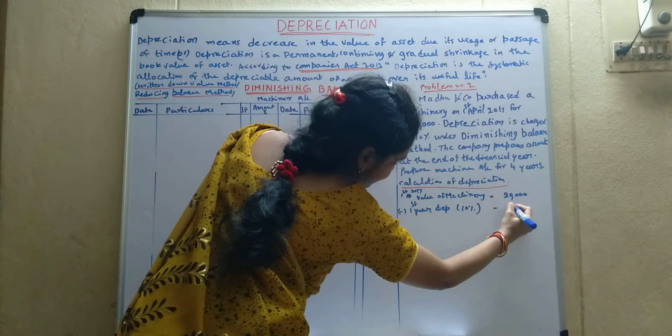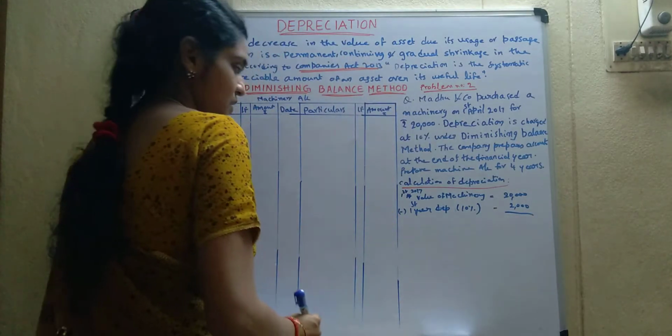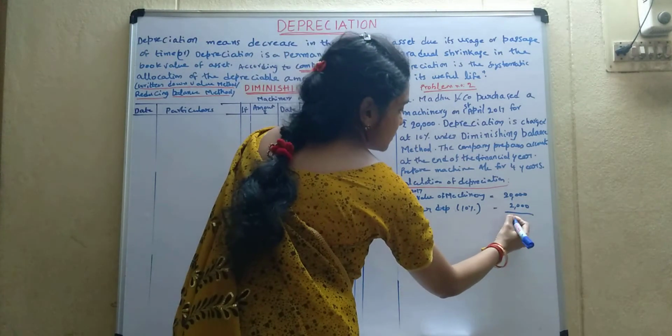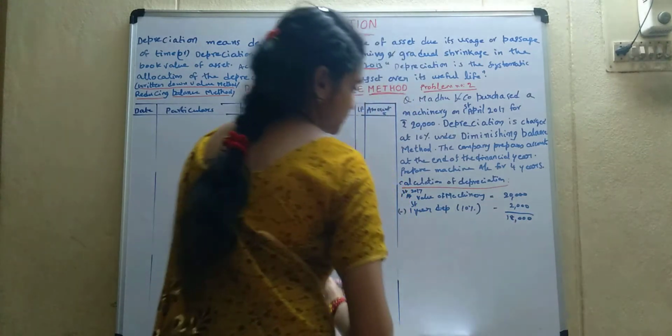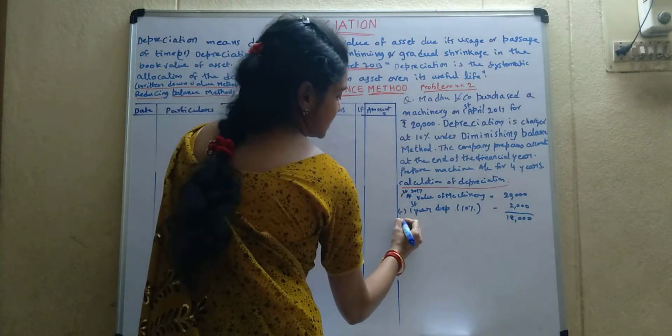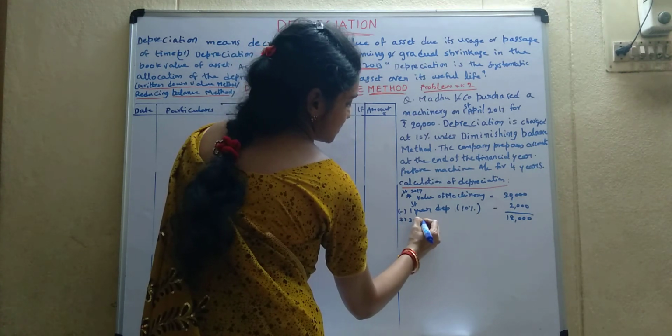What is 10% here? 2,000. It means depreciation. After depreciation, what is the value of the asset on 31/3/2018?